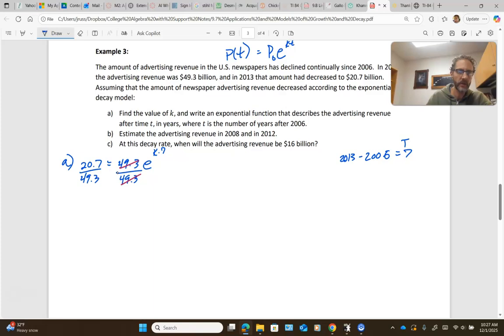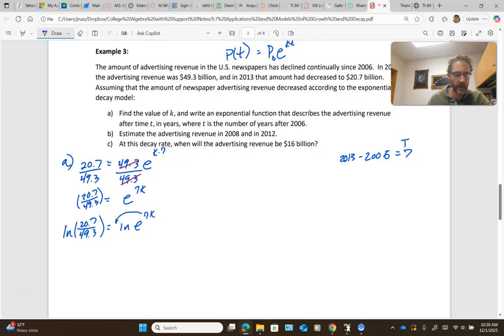Now this over here on the left, I'm just going to look at it like it's a number. I'm going to do the actual division at the very end. And then this is equal to e to the 7k power. And now I'm going to take the natural log of both sides, which is equal to the natural log of e to the 7k.